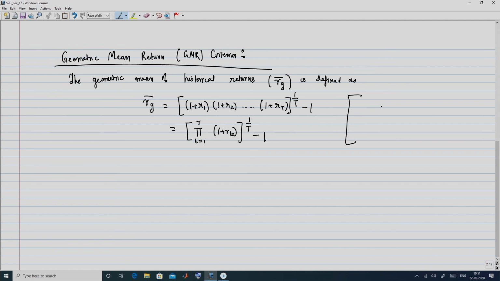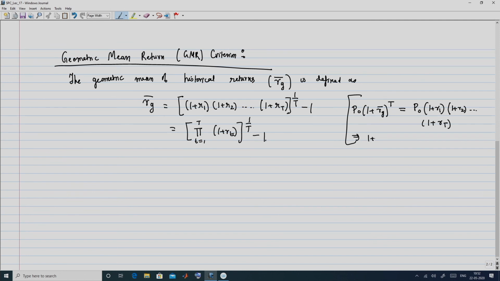So, this comes from the fact that if you start off with an amount of say P naught, and then at the end of time period 1 it goes up by a factor of 1 plus R1, then 1 plus R2. So, at the end of time period T, I will have the product all the way to 1 plus RT, and this will be equal to P naught into 1 plus RG bar raised to T for T time periods.